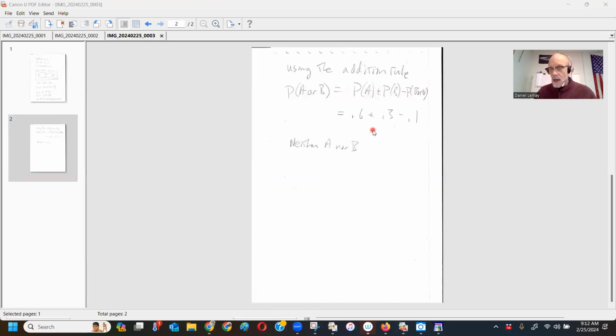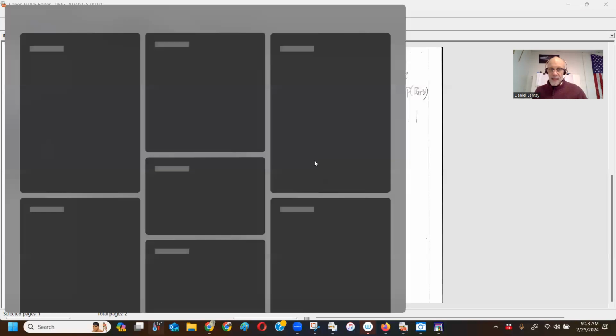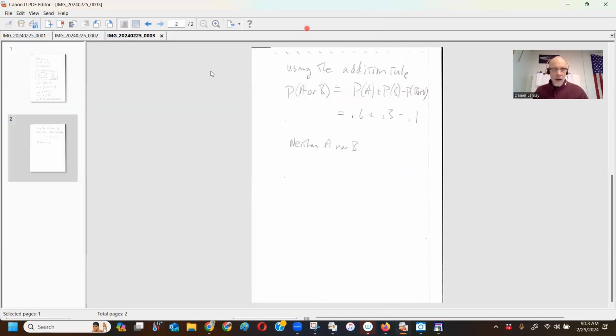So it does work. Sometimes, and it might happen on this next quiz, I won't tell you the probability of both, but I'll tell you this, so you do a little bit of algebra. I'll keep the numbers the same since we know the answer. What if I told you the probability of the union was 0.8, and I didn't tell you the probability of both? This is an unknown.